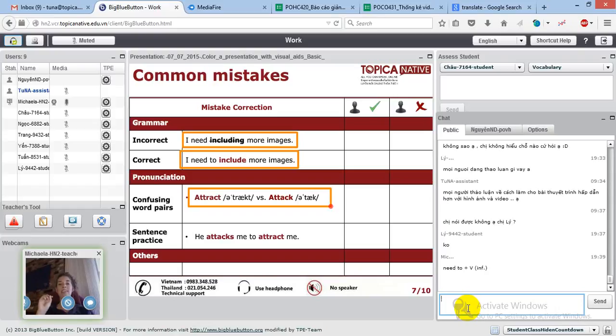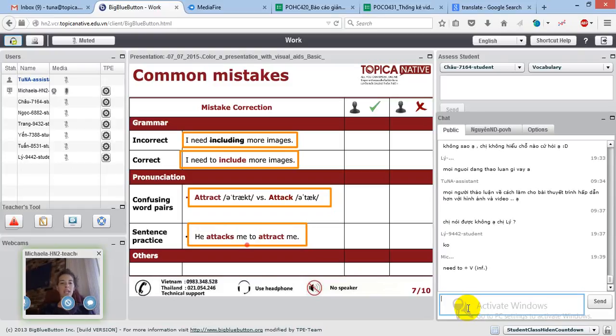Also the end, the T on attract and the K on attack. The K noise is in your throat and the T noise is between your teeth. He attacks me to attract me. That's a ridiculous sentence, but we're going to practice this.